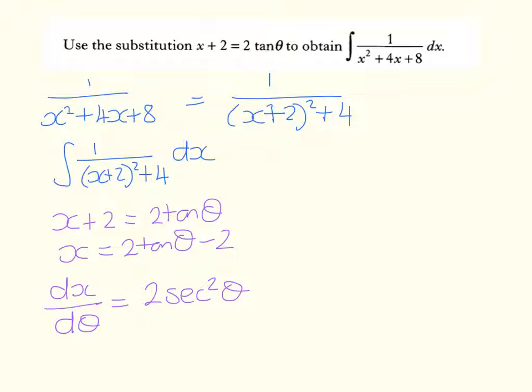So dx is equal to 2 sec squared theta d theta. So now I look, I have my x plus 2 in terms of theta, my 4 is not a problem, and I have my dx in terms of theta. So I'm ready to perform the substitution and integrate.